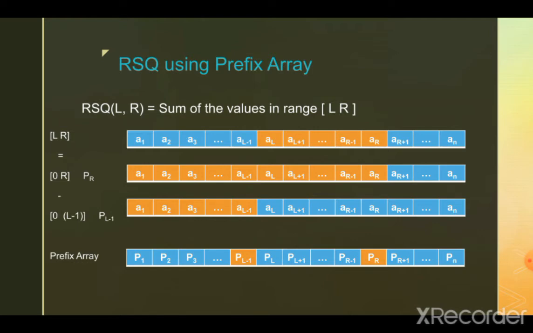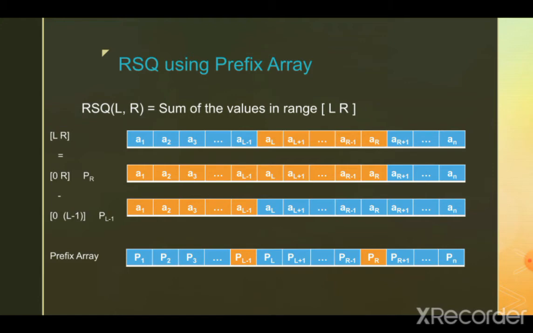Now the third row shows the range from the first element to the L minus 1 element. So the subtraction of the third from the second gives us the result.